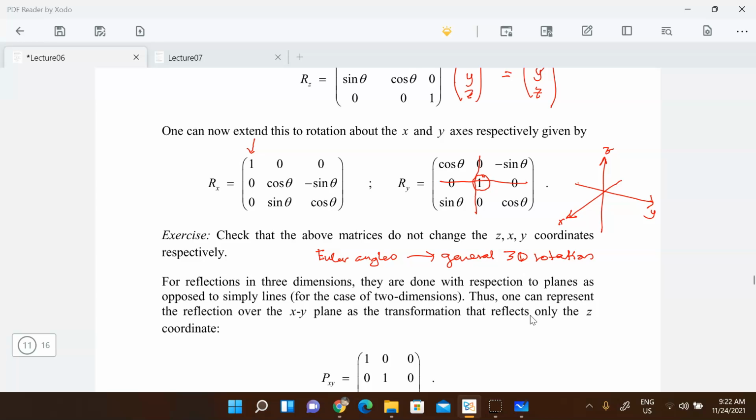Okay, so more or less we covered, in a limited way, rotation in 3 dimensions. What about reflection in 3 dimensions?